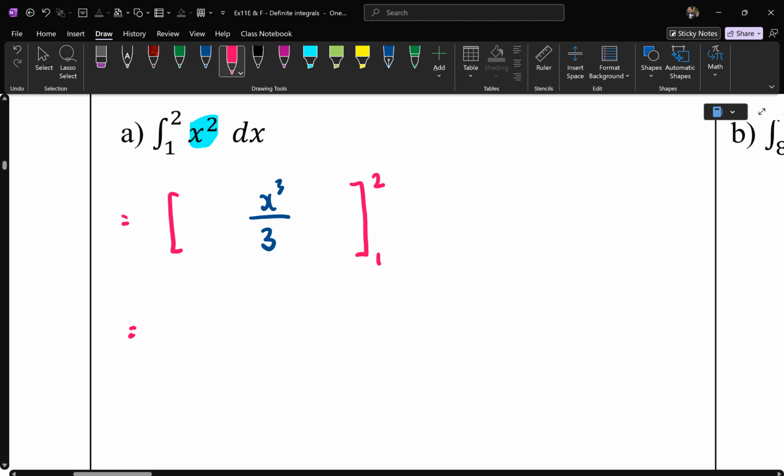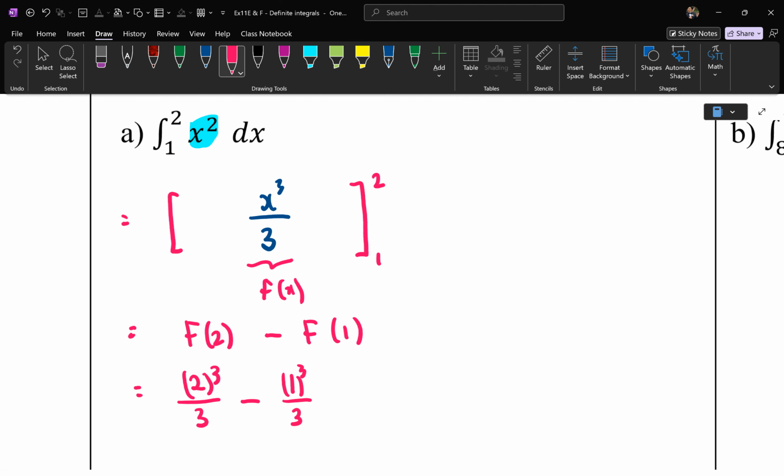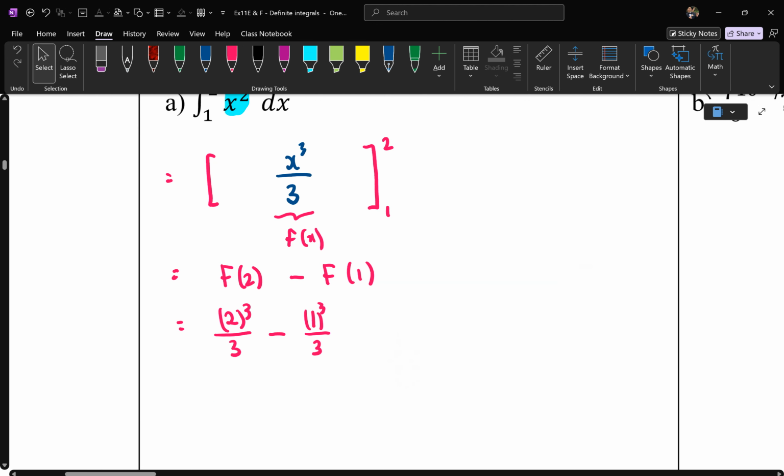Moving on. So now, remember the fundamental theorem of calculus says it is f of b minus f of a. So in this case, this is my f of x. So that means what I'm doing is I'm substituting 2 in. I'm finding f of 2 subtract f of 1, which really is saying 2 cubed over 3, take away 1 cubed over 3.